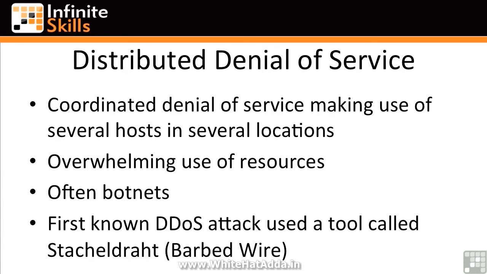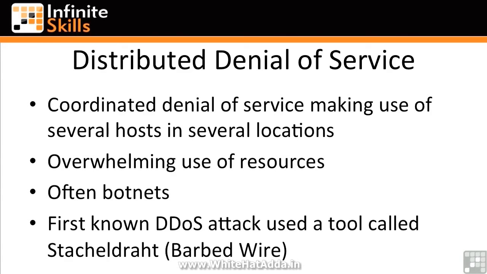When I've got a lot of systems sending even small amounts of data, all of that data can overwhelm the server that I'm sending it to. So the idea behind a distributed denial of service attack is to overwhelm resources on a particular server in order to cause that server not to be able to respond in a normal way.